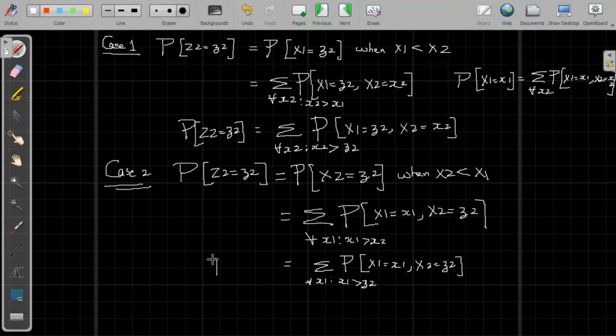So this is the final result for our case 2. You can note it down here that this probability is nothing but the sum of all the joint probabilities such that x2 is fixed and x1 is greater than z2.